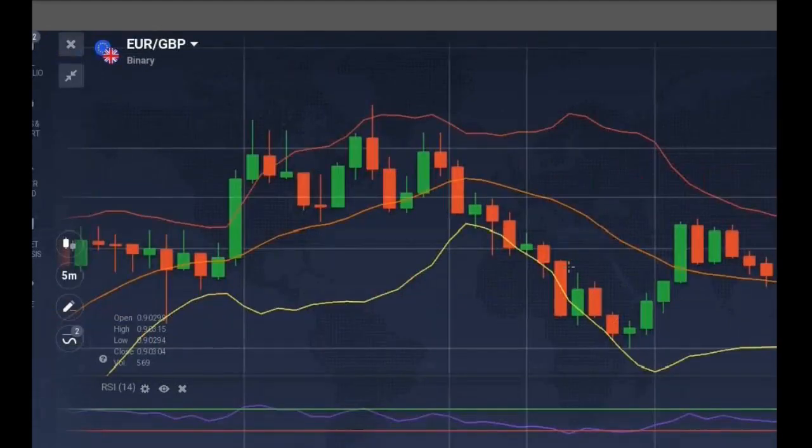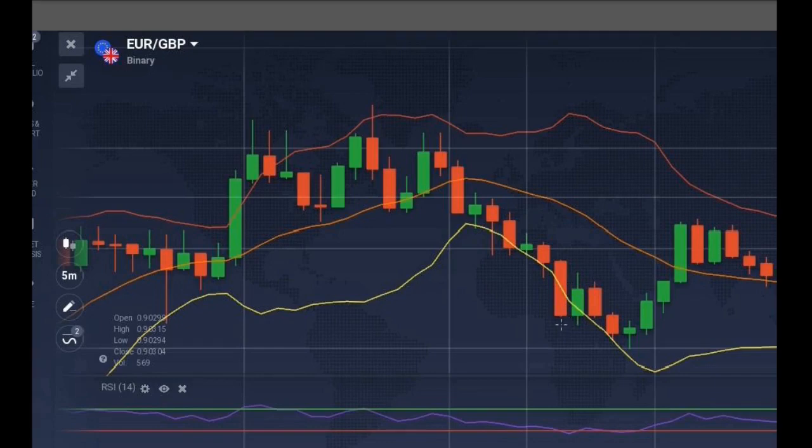Okay, so let's move on to this. This is a typical example of the hammer pattern in action in a downtrend. Okay, so you can see according to what we described earlier, you are looking for a strong move out of the Bollinger Band.